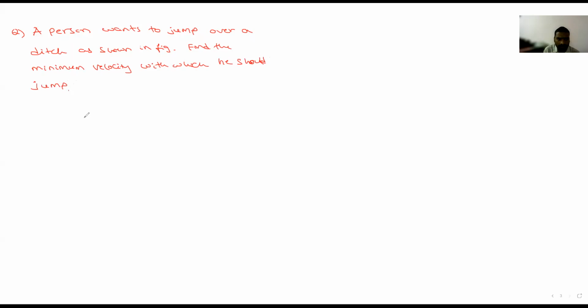So think that you are jumping. This is a ditch, and this is ground. You have to jump from this point to this point. If you run, what is the minimum velocity that you should jump with? Is it projectile? He has given the horizontal and vertical distance.